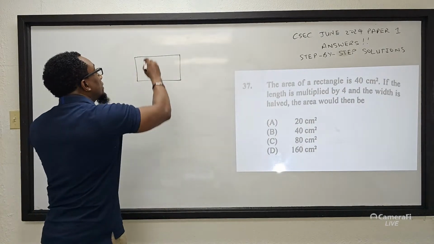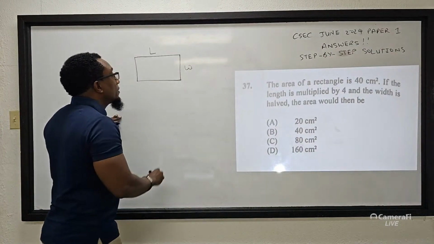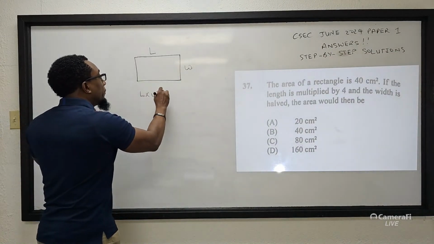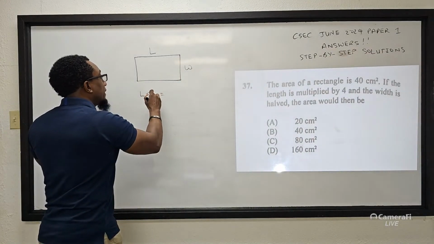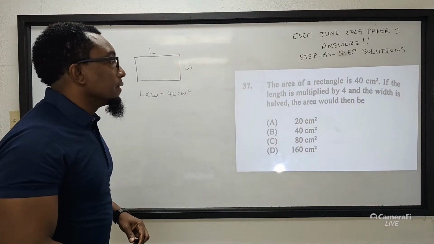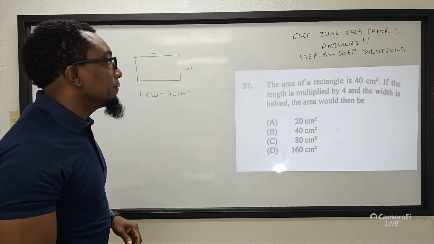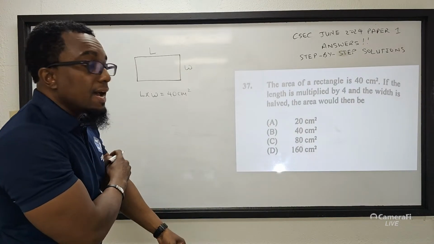So we know to find the area of a rectangle is the length by width. So the length by the width, which represents the area of the rectangle, is 40 centimeters squared. Now it's saying here, if the length is multiplied by 4 and the width is half.